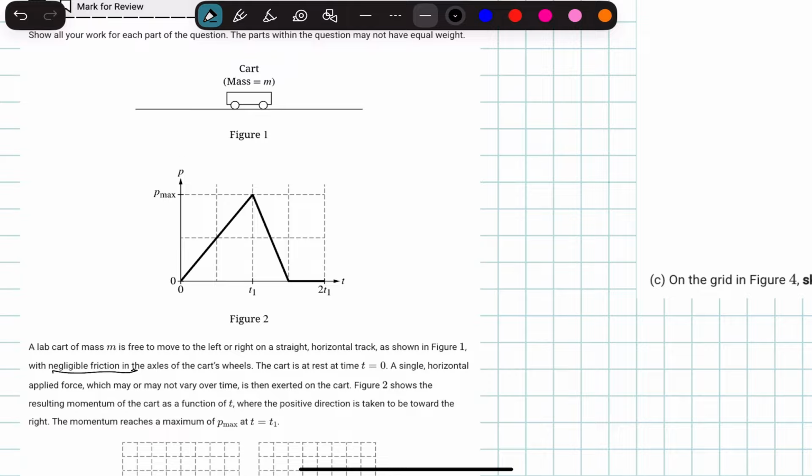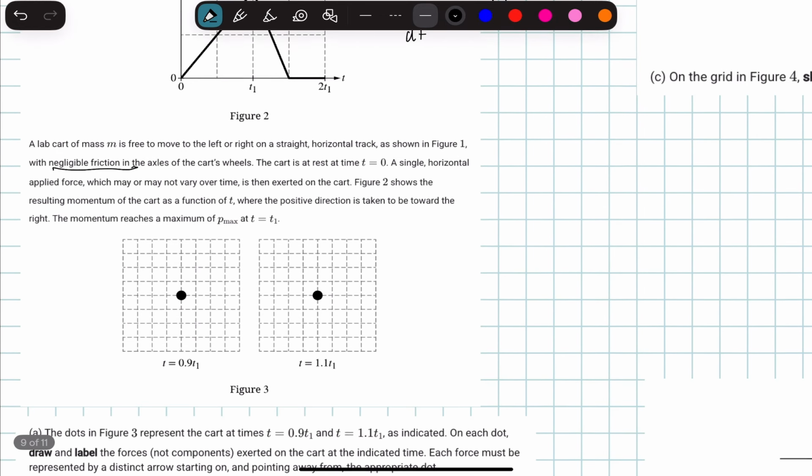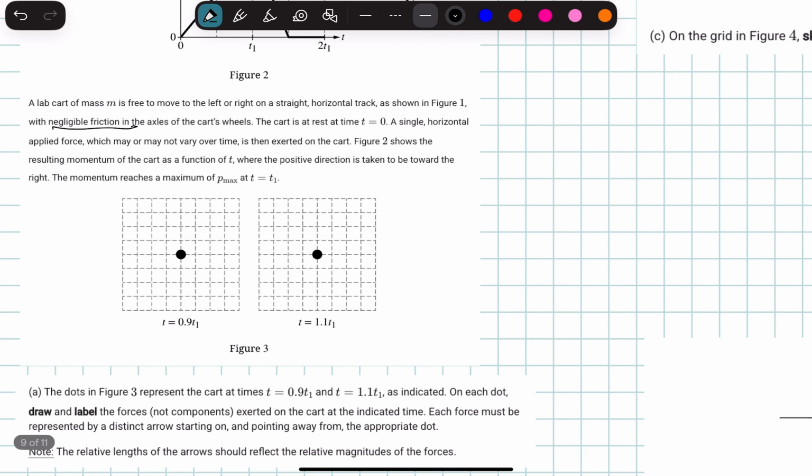For this question, we essentially have the relations p equals mv for momentum, and F equals dp over dt, and we can rearrange this to v equals p over m. What it wants us to do is to draw the forces at t equals 0.9 t1 and t equals 1.1 t1.